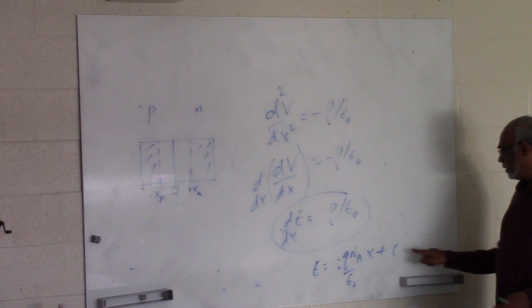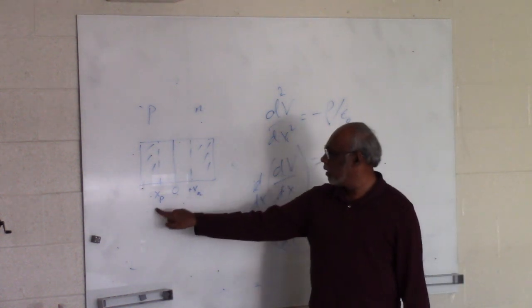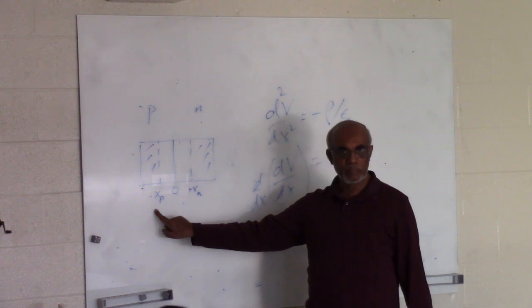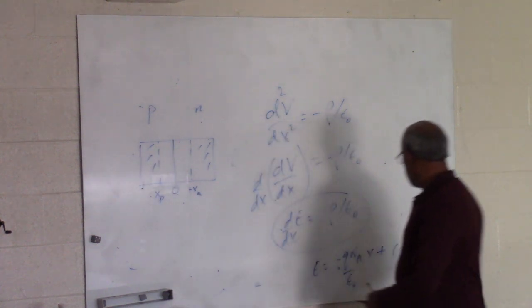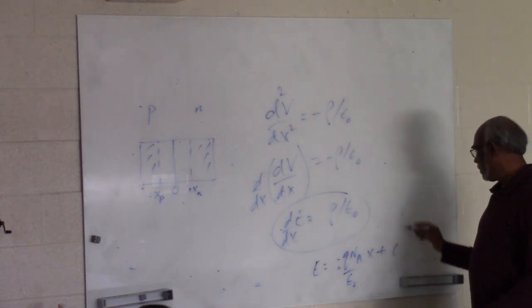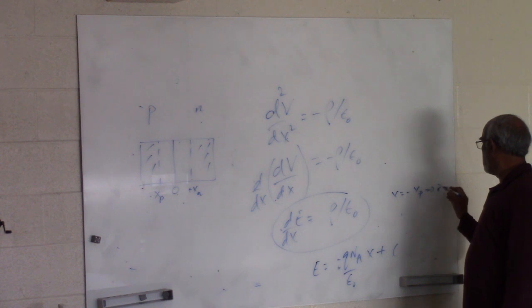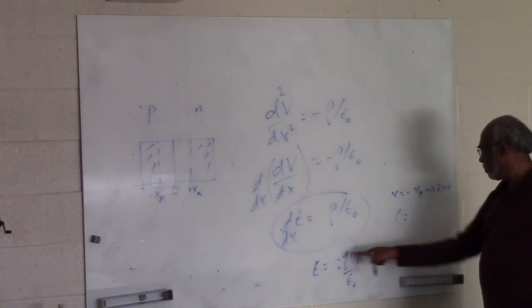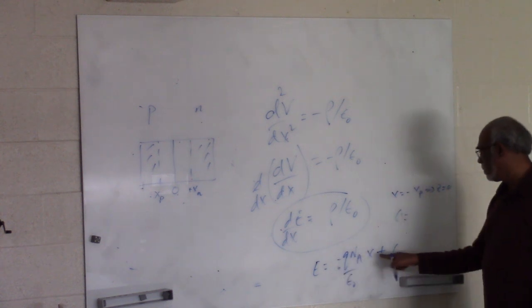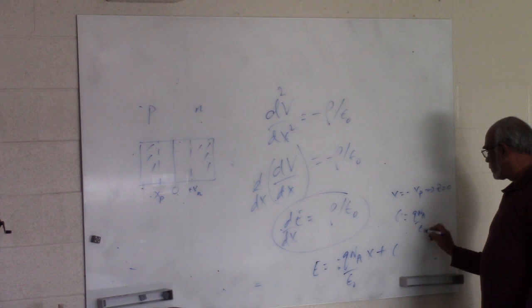Now I can find this constant because at x equals minus xp, what is E? It is 0, right? In this region, E is 0. If I plug that in, then C becomes Q Na over epsilon 0 times xp.